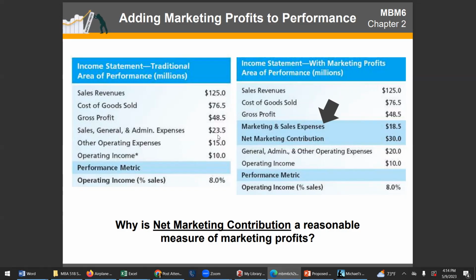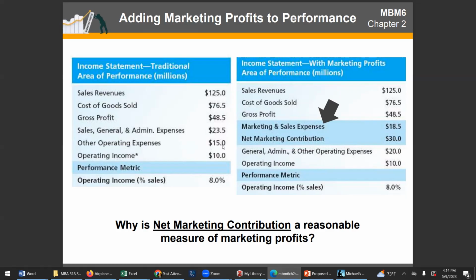So here's how we want to think about this. What you'll notice is that SG&A on the left-hand side and other operating expenses, if we add those up, then we have 38.5.